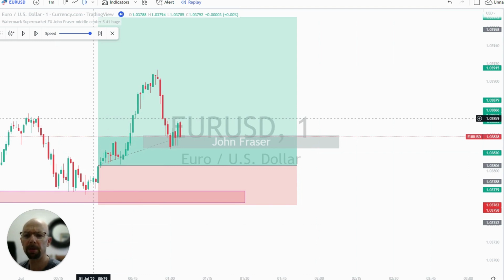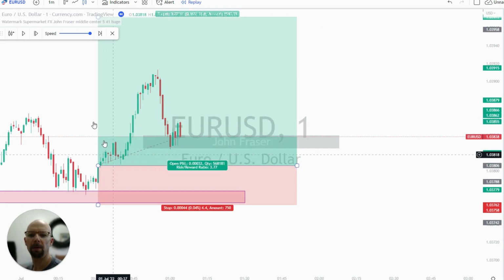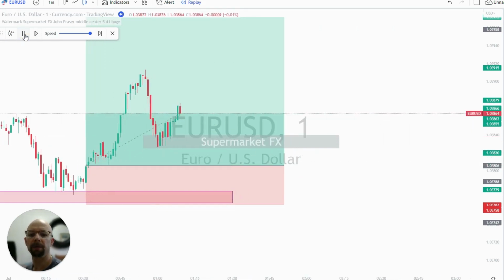Now, partials, you can decide what you want to do. I take 25% off on the first partial that I take, and I always move my stop loss to break even when I take my first one. And now we'll have to just see how this plays out.